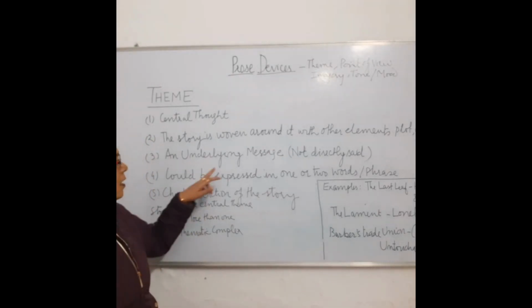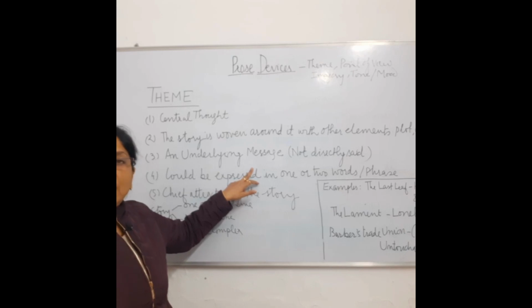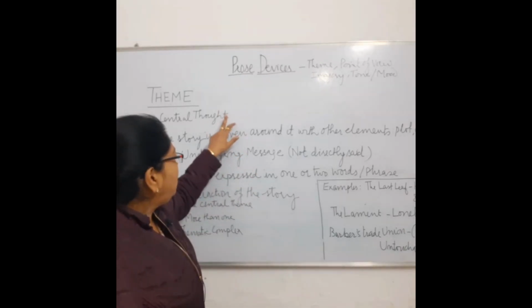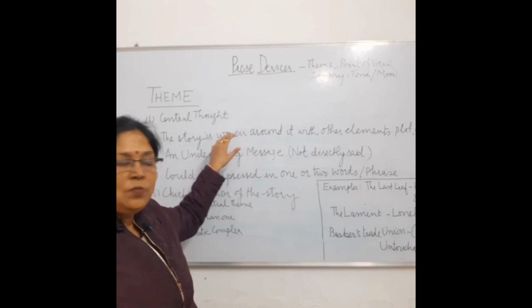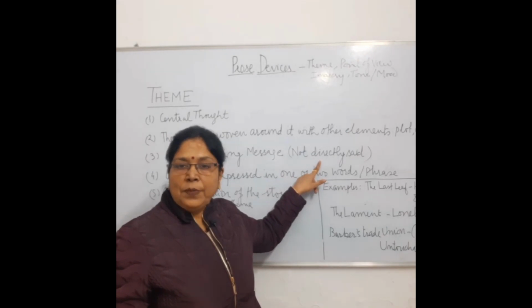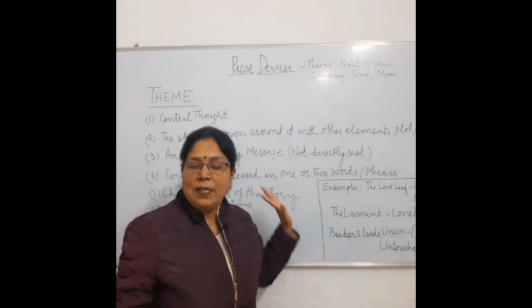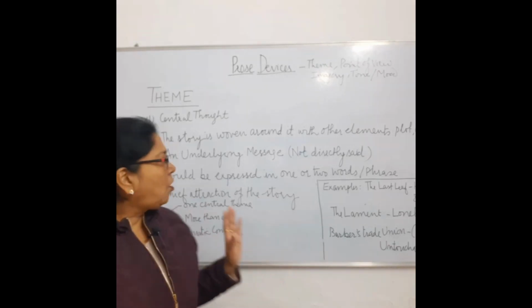It is an underlying message. Underlying message means the message which has been given by the author, the central idea or the central thought, is not directly uttered by him. It has not been said directly by the author anywhere, either in the play or in the short story.